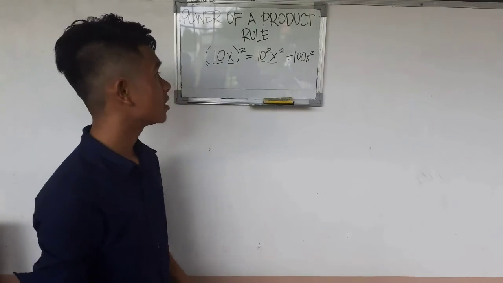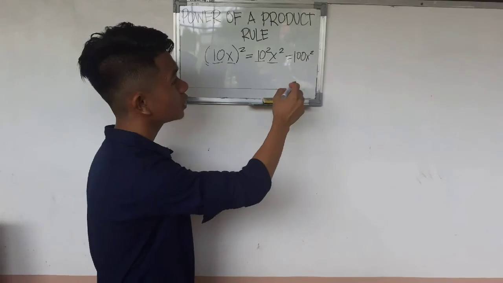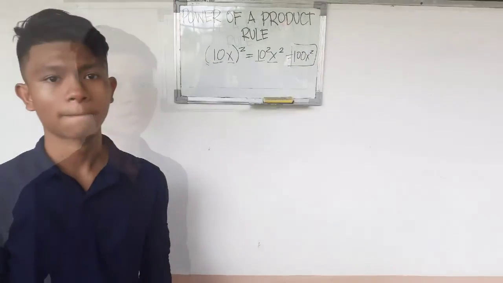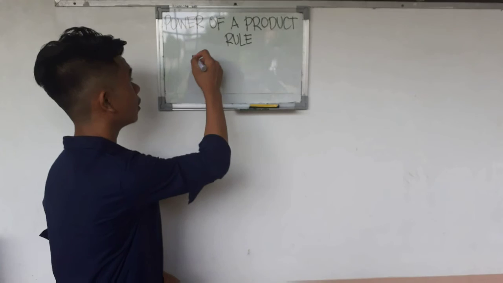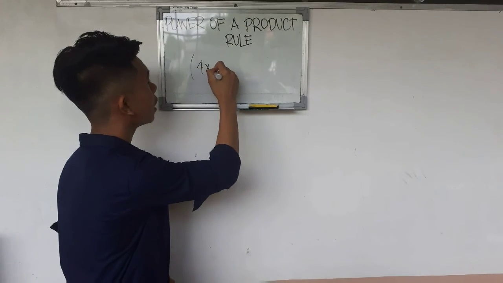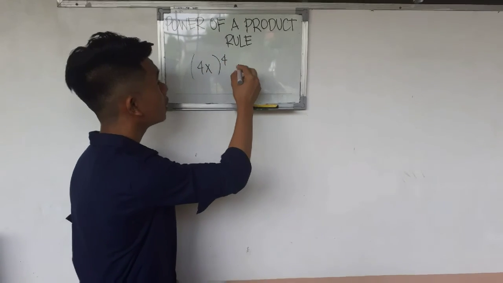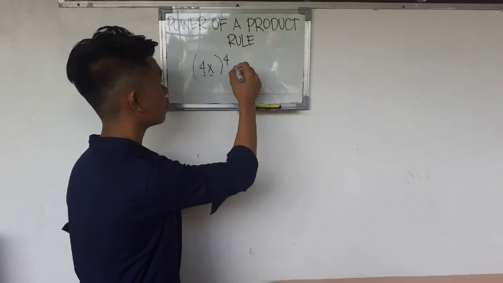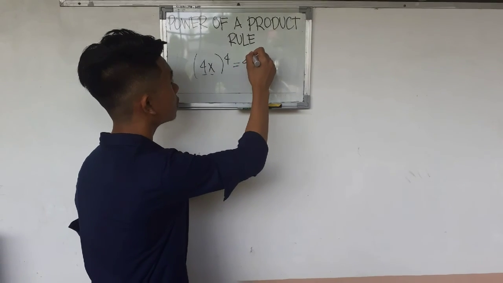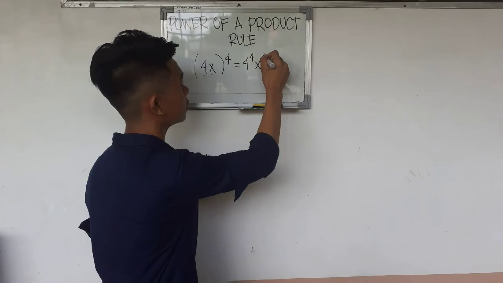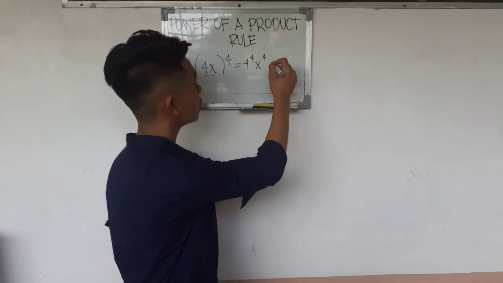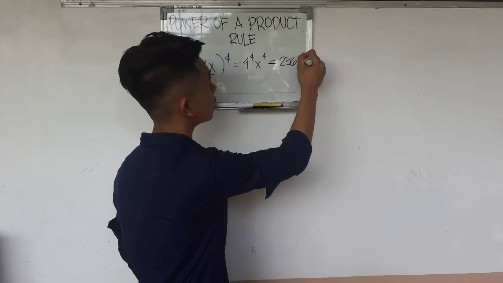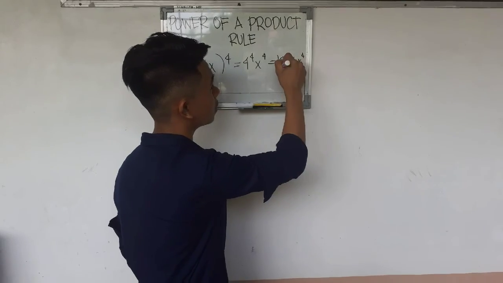And simplify this, which gives you 100x squared. Have another example. The quantity 4x raised to 4. Distribute the 4 to the coefficient and the variable, which gives you 4 raised to 4 times x raised to 4. And simplify, which gives you the answer of 256 times x raised to 4.